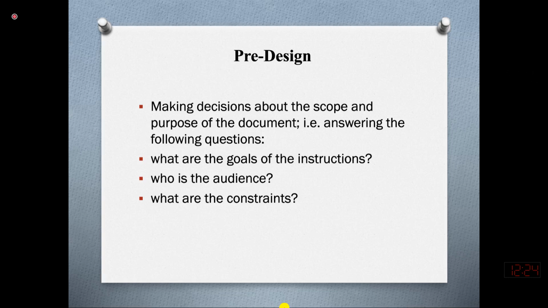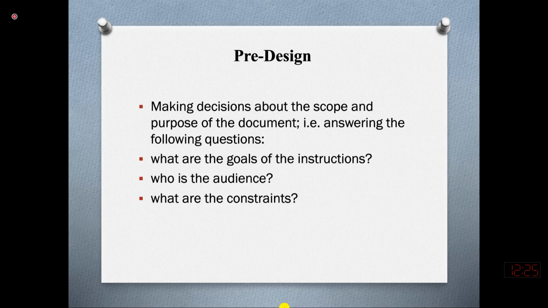The first step is determining the goal by setting the purpose of the instructions. The second step is to identify the audience, to determine who will be our audience or stakeholders.